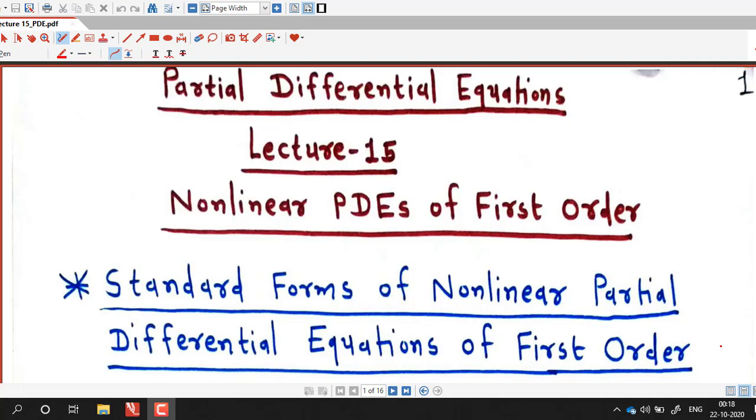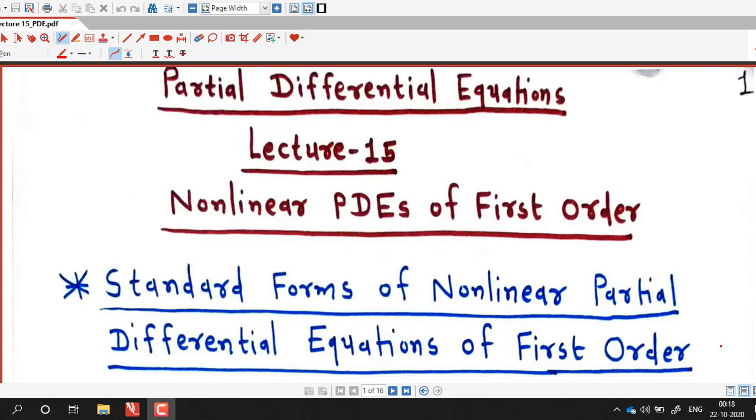So in this lecture and in the upcoming 2 to 3 lectures, we are going to discuss those standard forms of nonlinear partial differential equations of order 1.